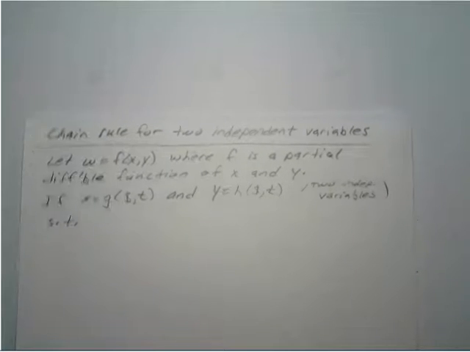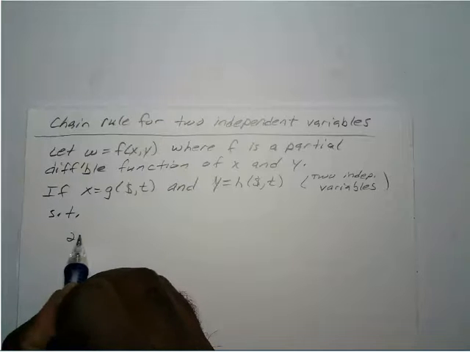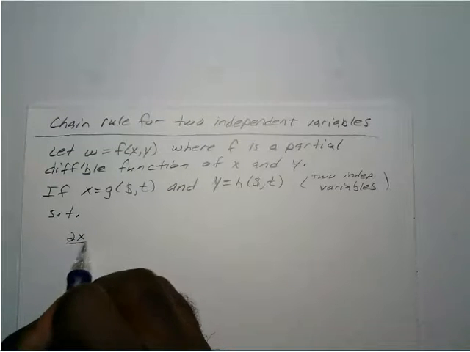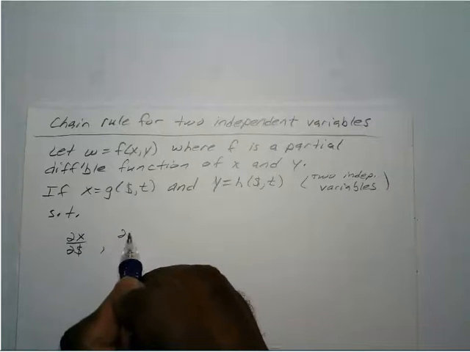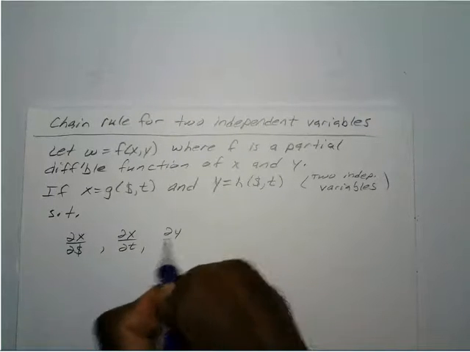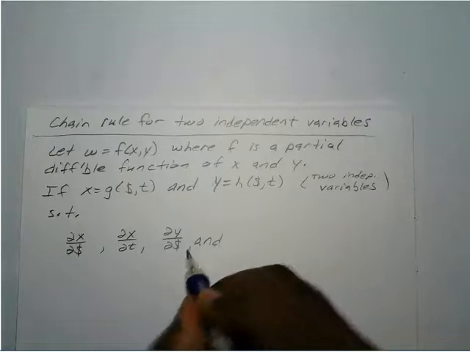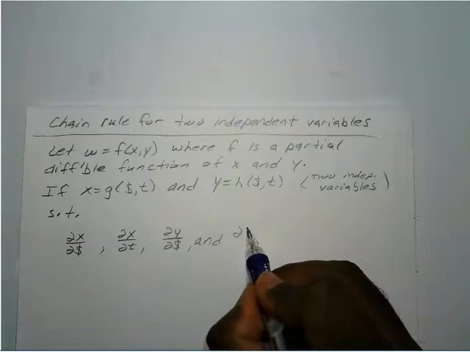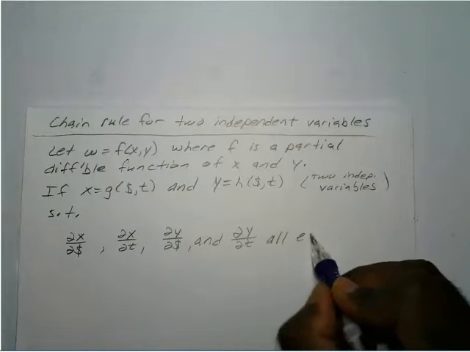Such that we know that the partial derivative of x with respect to s, partial derivative of x with respect to t, partial derivative of y with respect to s, and partial derivative of y with respect to t all exist.